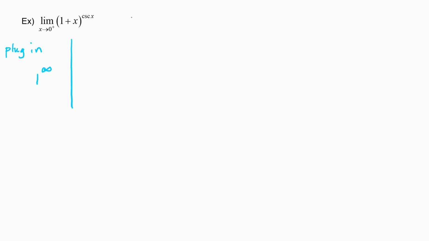So we will use that same technique where we let L equal the limit as x goes to 0 from the right of 1 plus x raised up to the power of cosecant x. Then we will take the natural log of both sides.